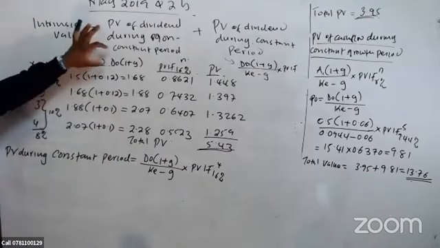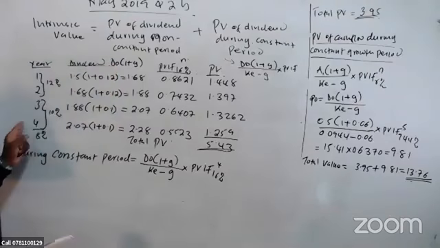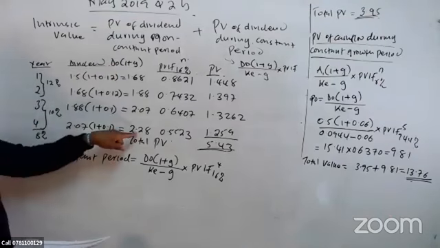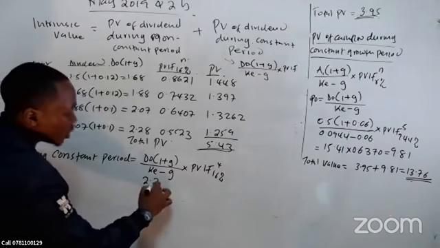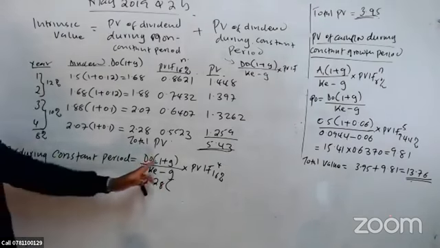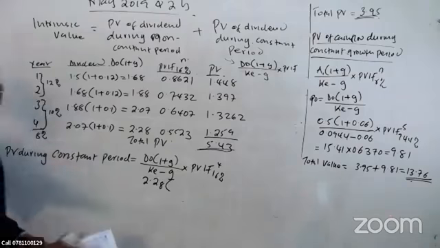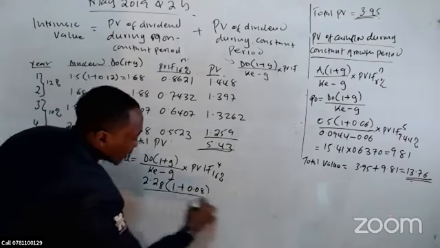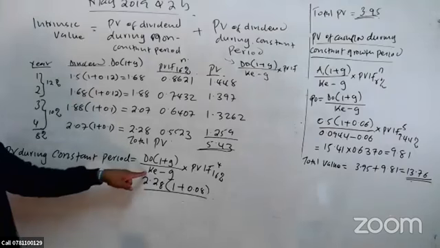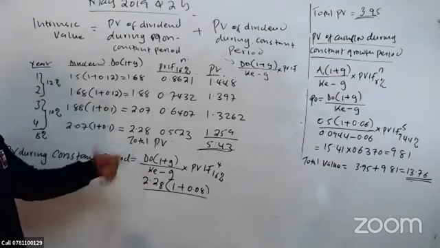So now let's be here. The last dividend paid was in year 4, which was 2.28. So this will be your D0. It is 2.28. Then you expect it to grow at a constant rate of 8%. That will mean 1 plus 0.08. You divide by the cost of equity, the required rate of return, which is 16%.